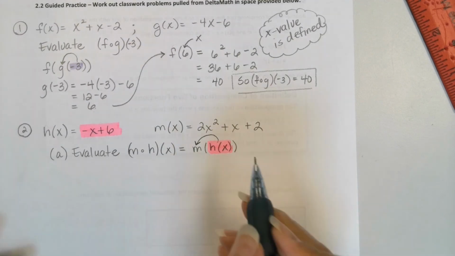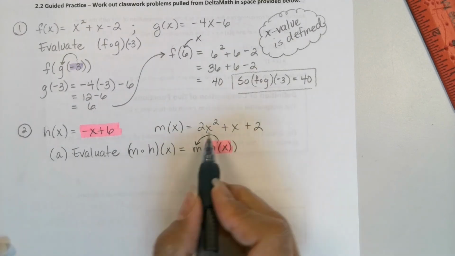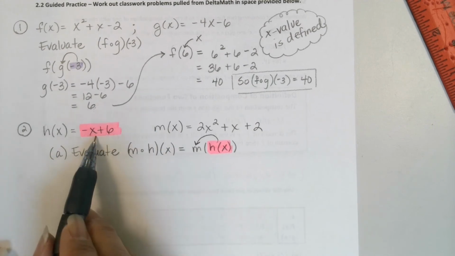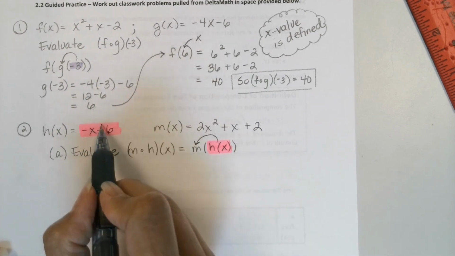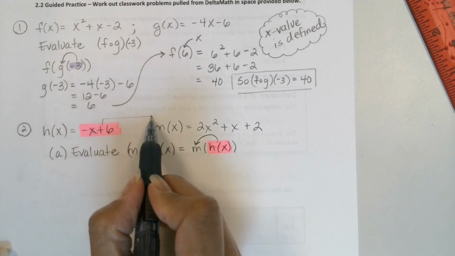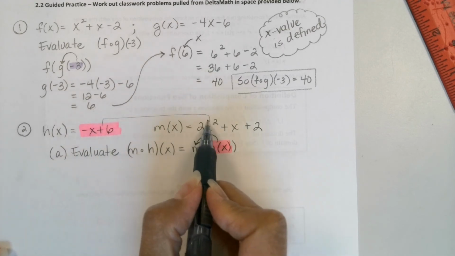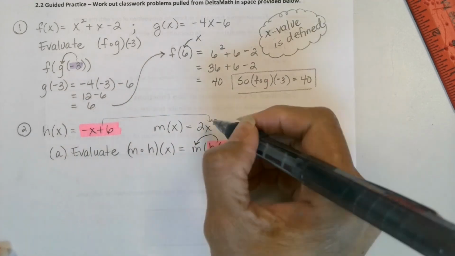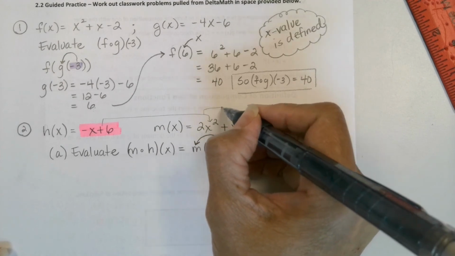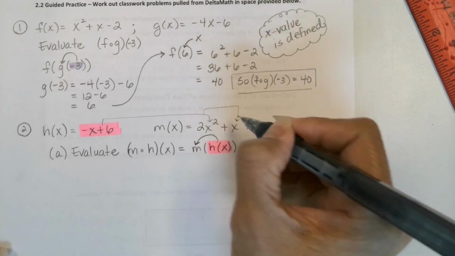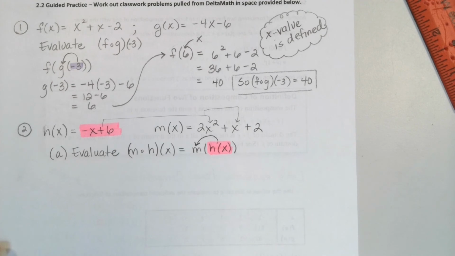Now notice that my m has 2 x's. So that means this pink value here has to go over to the m and dump itself into this x as well as this x. Okay, that's what composition means.